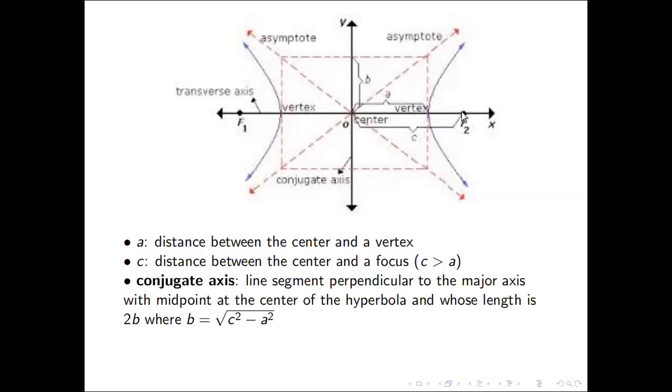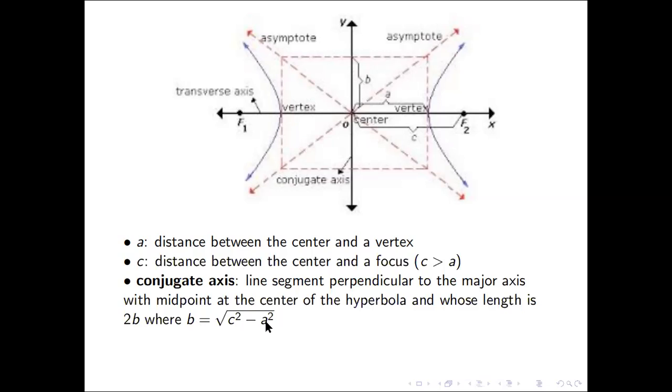Now, we don't have a minor axis for hyperbolas, but we have a parallel definition, which we call the conjugate axis. We define it first by assigning a length to this axis given by 2b, where b is given by this formula, the square root of c squared minus a squared.